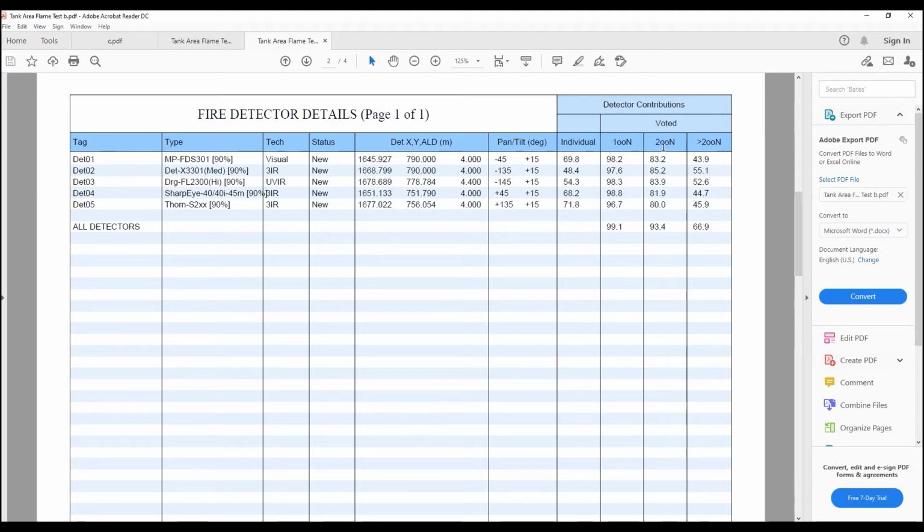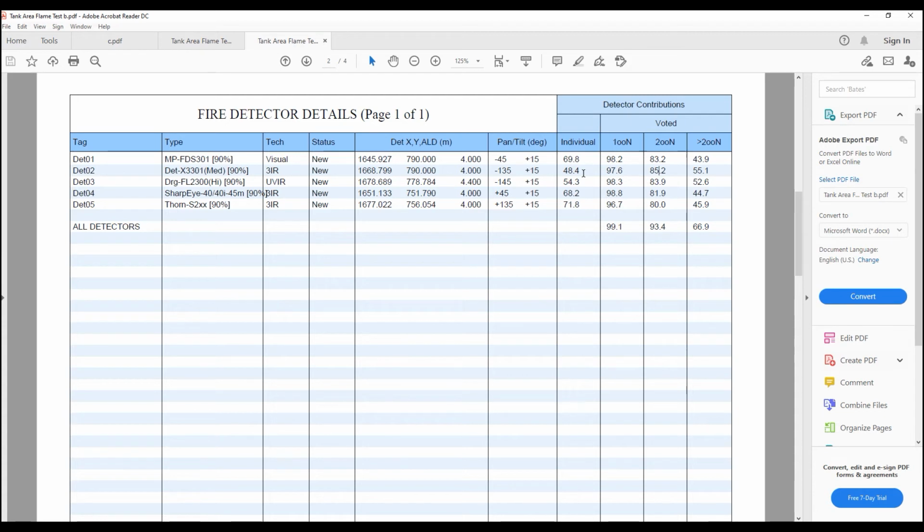If I look at 2 out of n coverage, I have 93.4% coverage if all 5 detectors are working. However, if detector 1 goes into fault, then my 2 out of n coverage drops to 83.2%. So this lets me look to see how my coverage is impacted by detector faults.